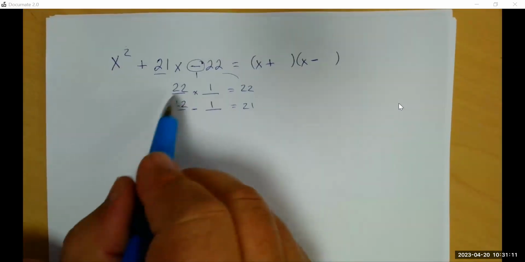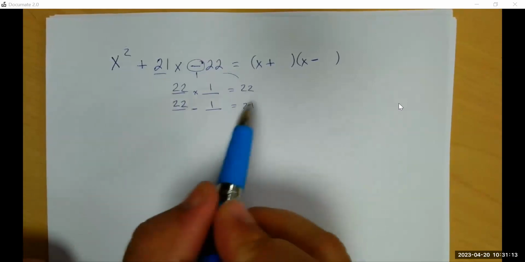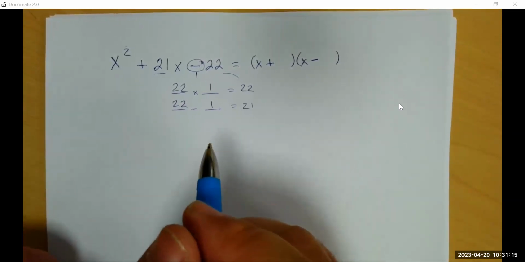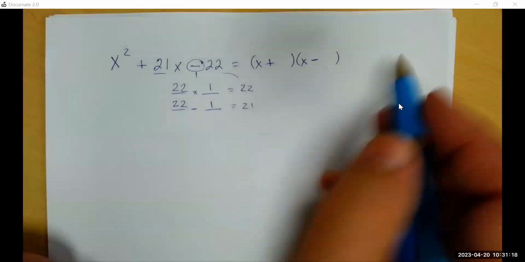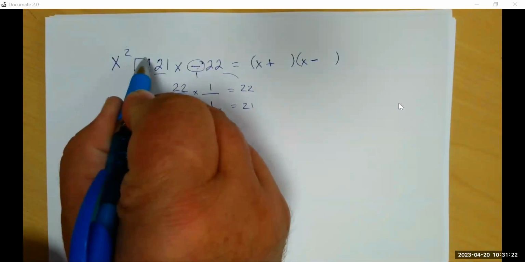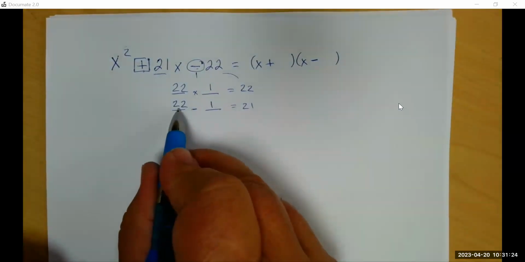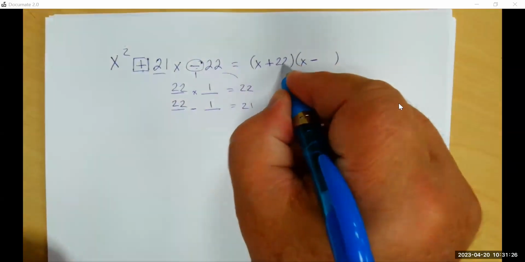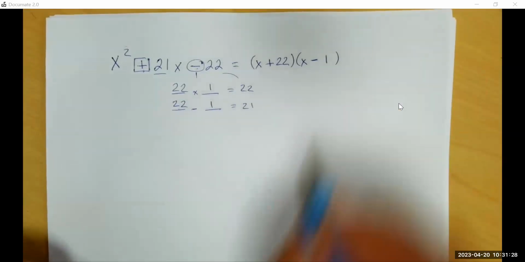This is the hardest part here because you have to go through so many different numbers. But once you find it, it's just plug and play. Since the signs are opposite, the bigger number gets that sign. The bigger number is 22, it gets the positive, and 1 gets the negative, and there you have it.